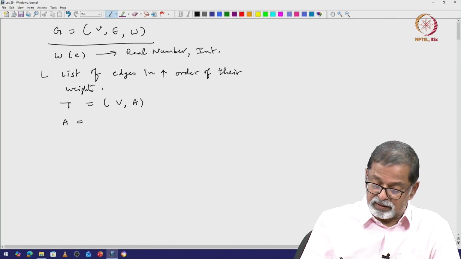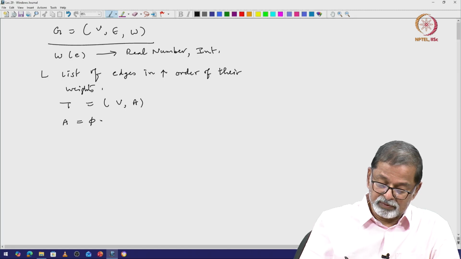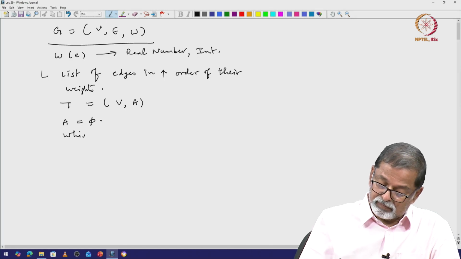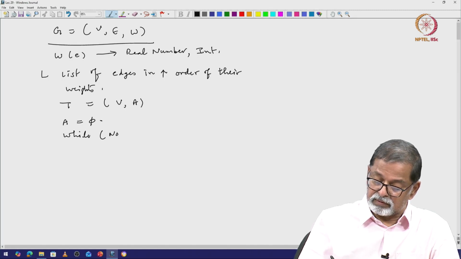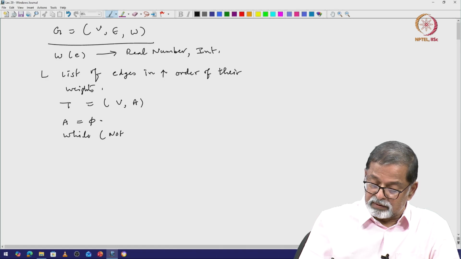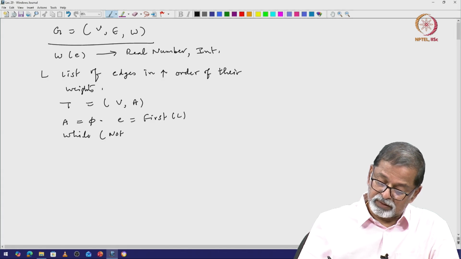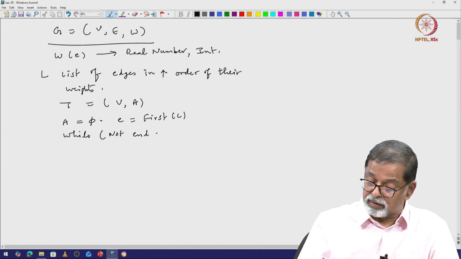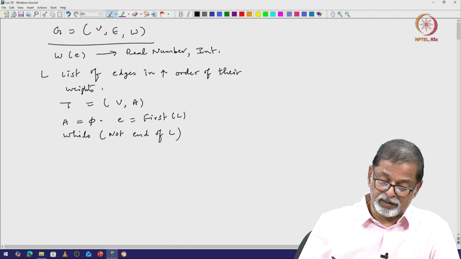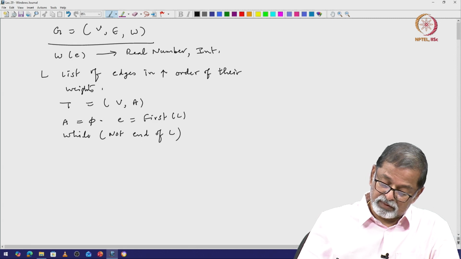Initially A is empty. Let E equal the first edge of L, while not end of L.